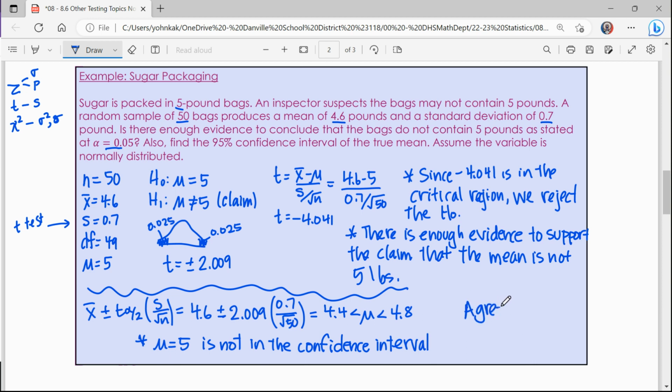So these two things are in agreement. If you are rejecting the null, then the hypothesized mean is not supposed to be in the confidence interval. So they agree with each other. They are essentially saying the same thing.